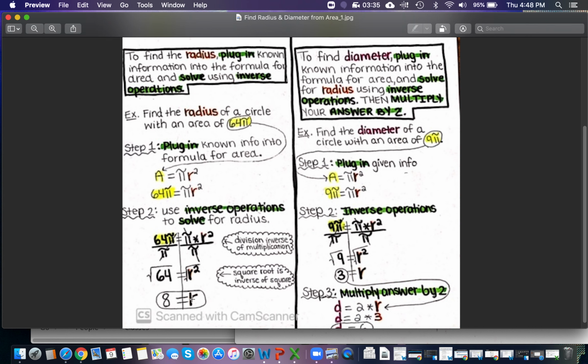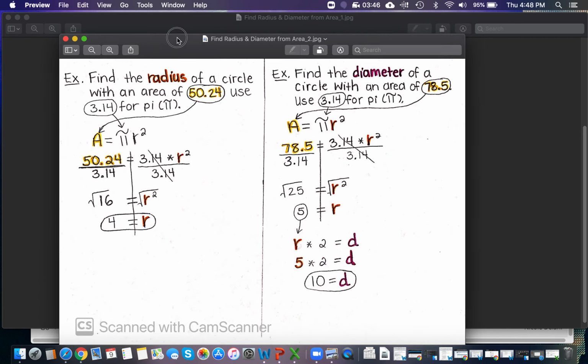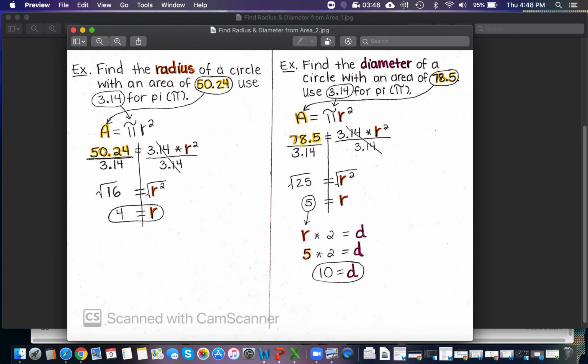I'm going to go over another example, but this one they're going to have us use 3.14 instead of pi. So here I have find the radius of a circle with an area of 50.24 and use 3.14 for pi. The steps are going to be the same.